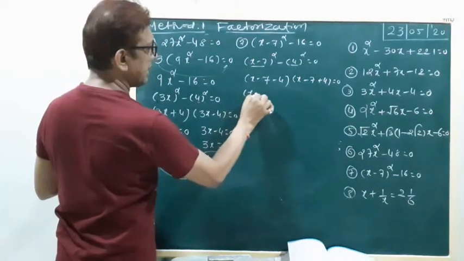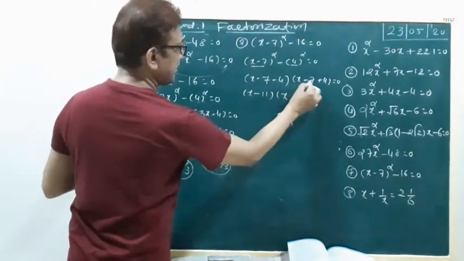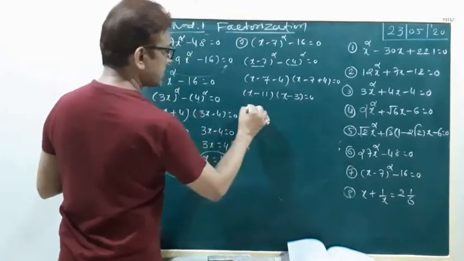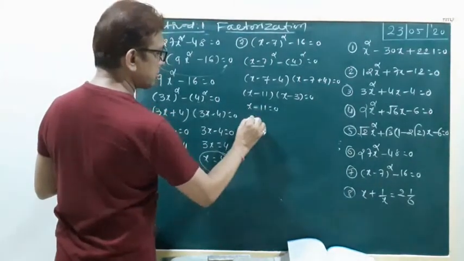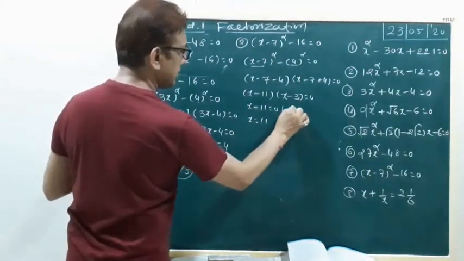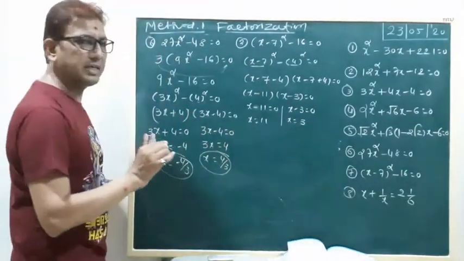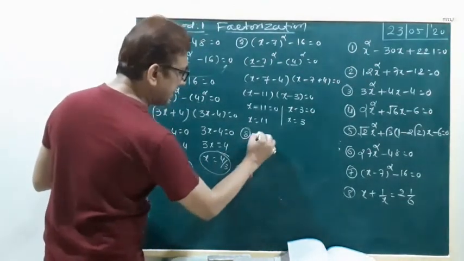So x minus 7 minus 4 gives x minus 11, and x minus 7 plus 4 gives x minus 3. Equating to 0: x minus 11 equal to 0, x equal to 11. x minus 3 equal to 0, x equal to 3. Clear?